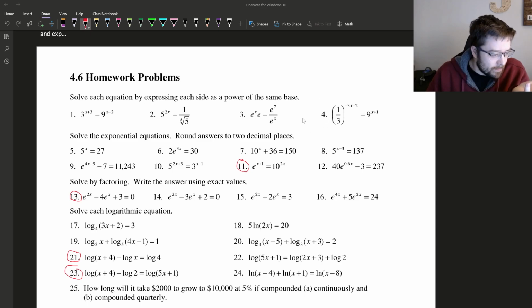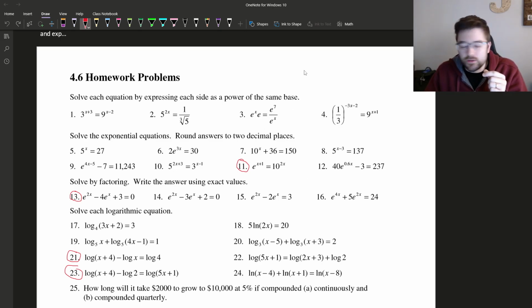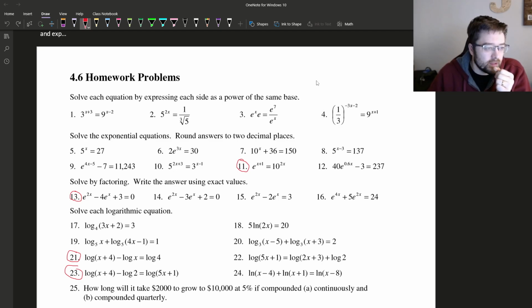First, number 11. It looks like this and question 10 are really challenging problems. What you'll need to use is a change of base formula and some tricky factoring probably.